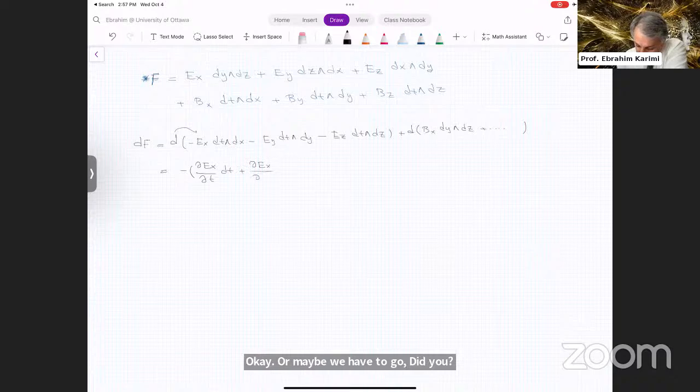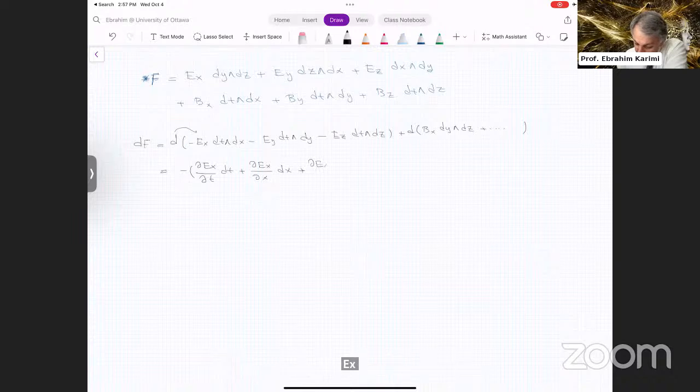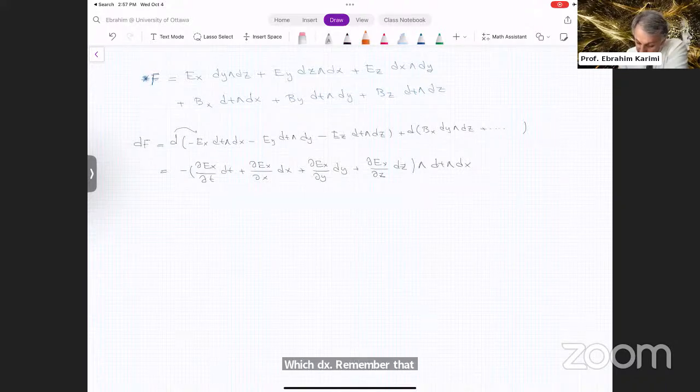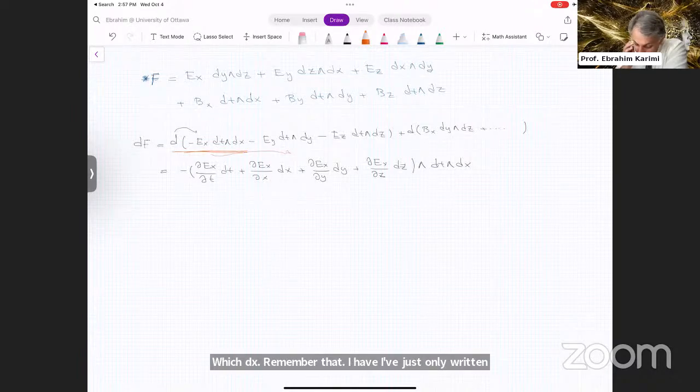Ex function of time, x, dx, ex y, dy, ex z, dz, and then we have the wedge product of dt wedge dx. Remember that I have just written this term. This is what I have written for the first term.